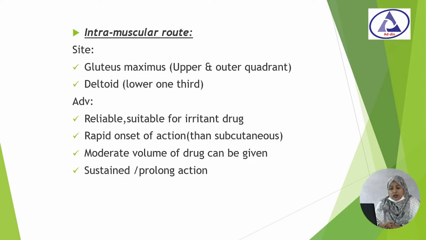The sites are the deltoid muscle and the gluteus maximus muscle, upper and outer quadrant, and for the deltoid muscle, the lower one third. What are the advantages? Reliable, suitable for irritant drugs. It has a more rapid onset of action than subcutaneous, but not as rapid as the intravenous route. A moderate volume of drug can be given, with sustained and prolonged action.